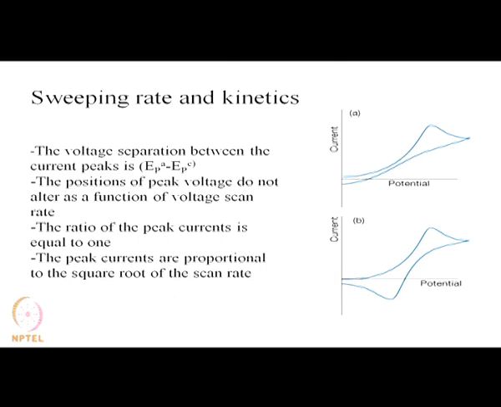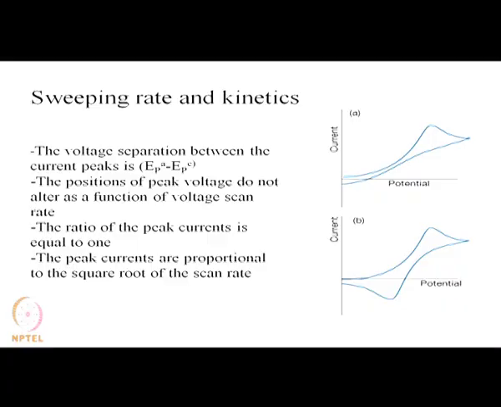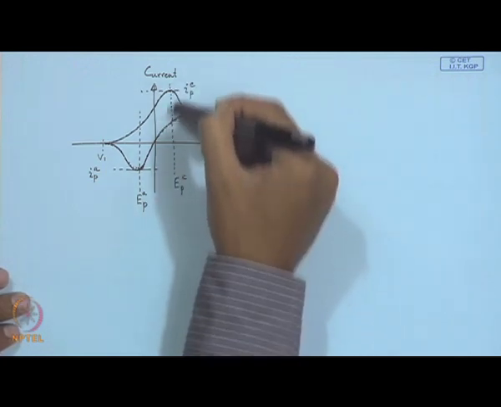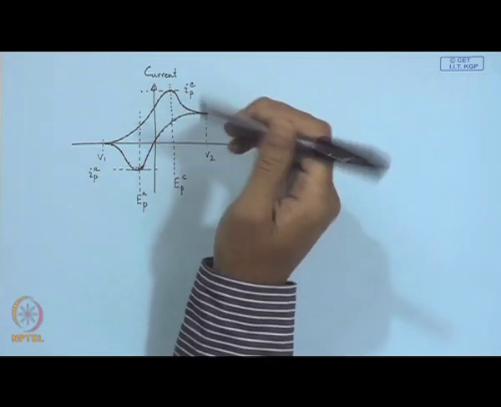So these are important characteristics of your reversible system. When the scan rate is more, your peak current is more, but of course in a square root fashion.